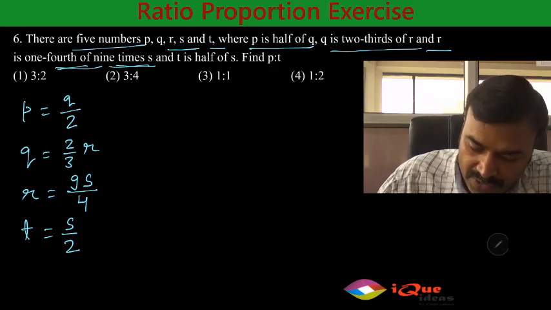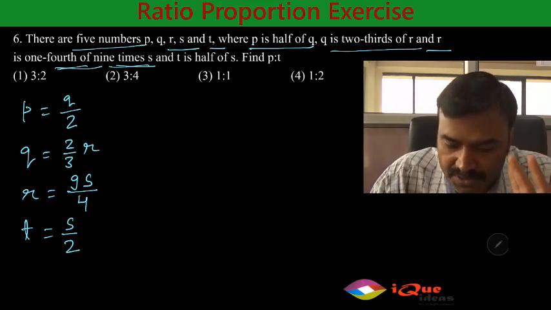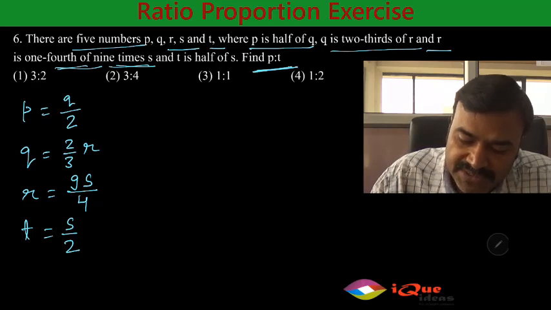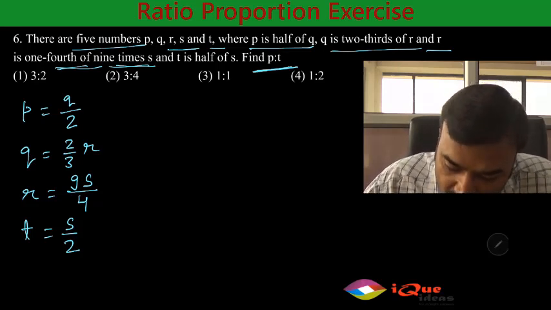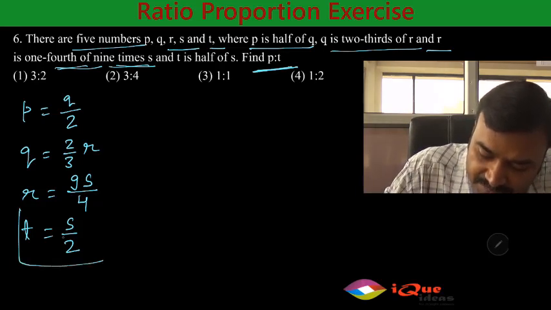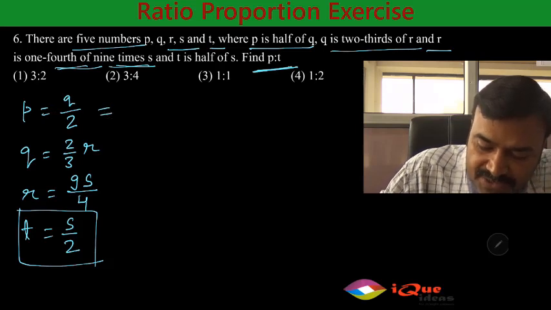So how can we go about it? One way of doing such a question is to convert all of them into one quantity. Here we have to find the relation between P and T, so convert both into something that is common to them. Let's convert both of them in terms of S, because T is already given as S by 2. P is already Q by 2.